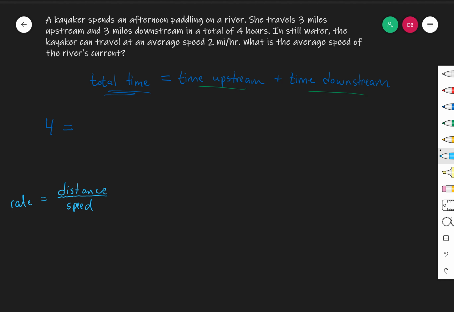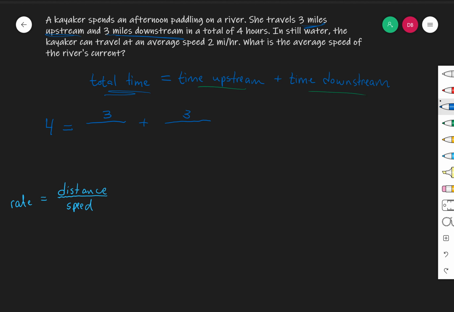So we need to figure out that for each of these, time upstream and time downstream. We know in both cases she went 3 miles. So 3 miles upstream and 3 miles downstream. So 3 over her average speed plus 3 over her average speed.